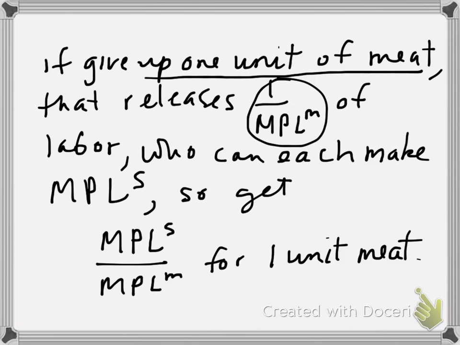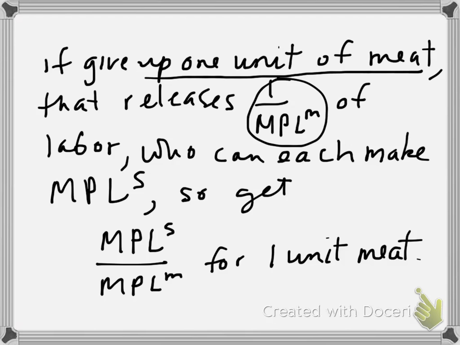If the marginal product of labor is 5, for example, so that the last unit of labor produces 5 units of meat, then if you reduce your production by 1 unit of meat, you would release a fifth of a unit of labor.